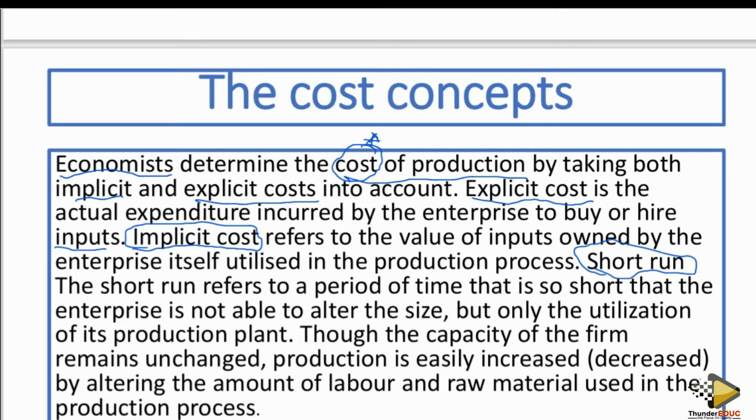Now let's check out the difference using a live example. Remember, I told you, grade 12s, we have vectors of production: labor, land, entrepreneurship, as well as capital. Let's check on the side of rent. When you are staying in an apartment where you are renting, the landlord can't increase the rent within the period of 12 months.